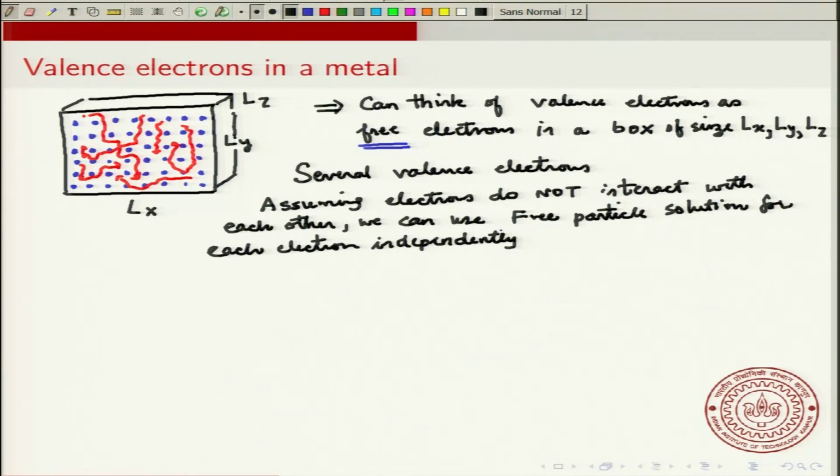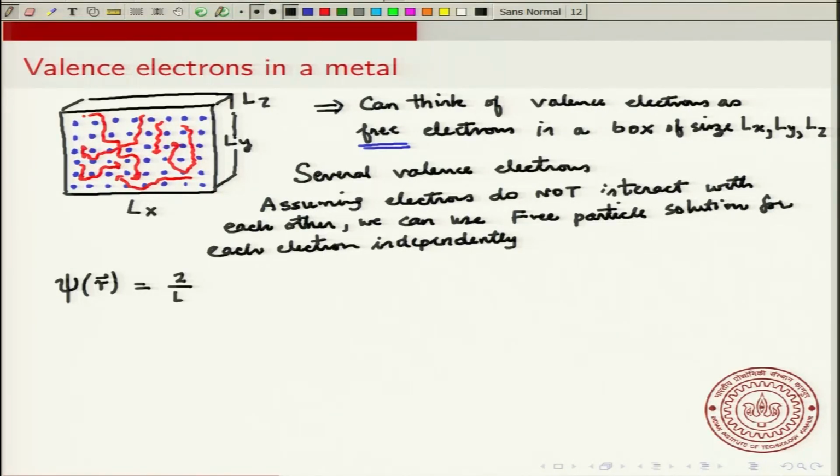So if you use this, then for each electron I can write a wave function that just depends on the coordinates of the electron. And that will look like the following form.